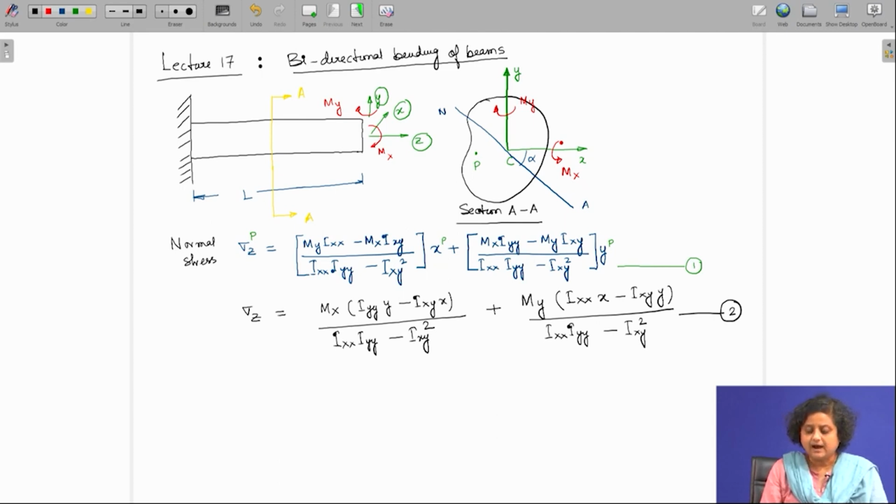Now let us find out this angle alpha. Alpha is the angle that the neutral axis makes with the horizontal x axis.